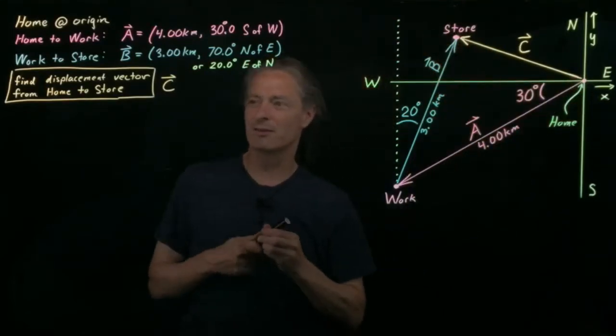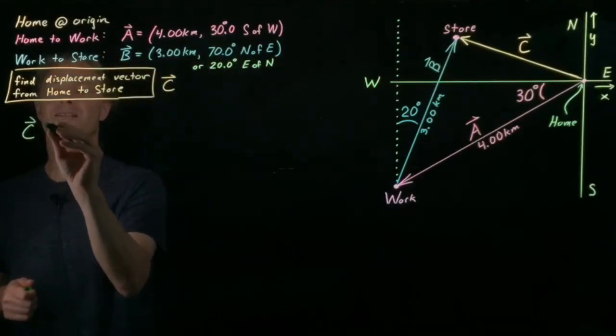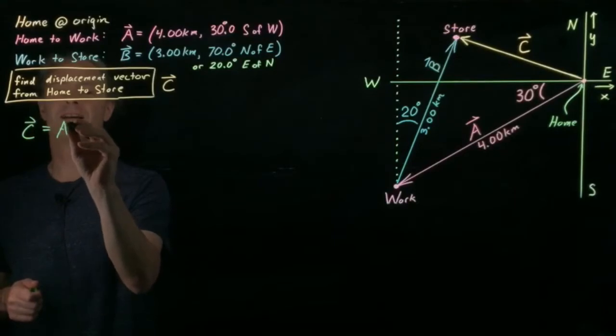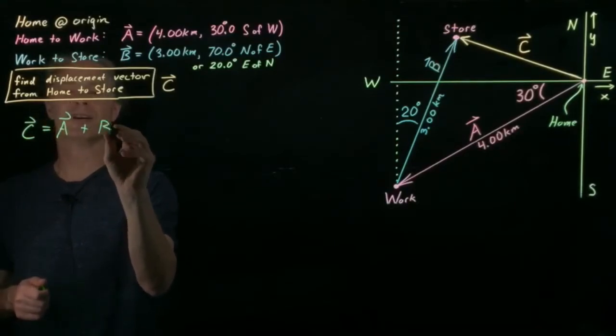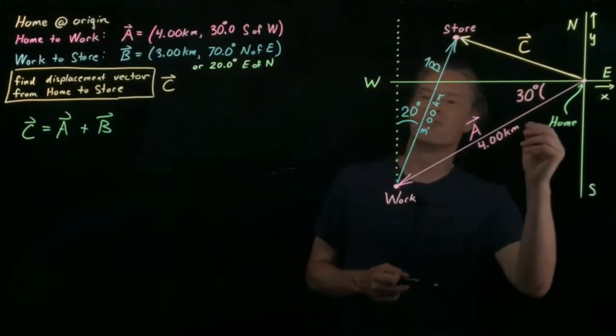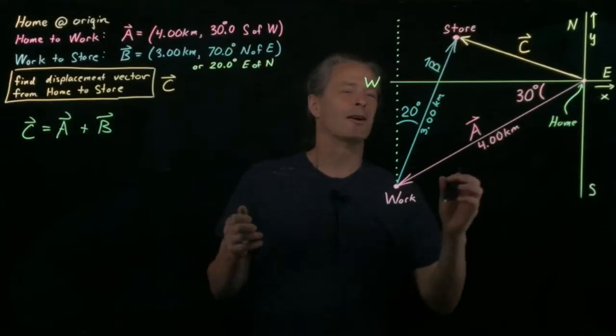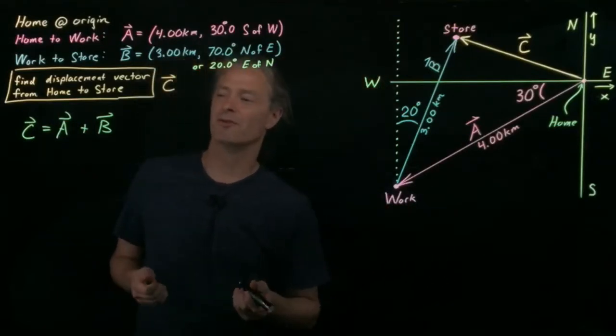All right, so I can write the vector equation. Vector C equals vector A plus vector B. All right, so when I say I want this displacement from home to the store, I want to find vector C. All right, so we're going to work with the method of components.